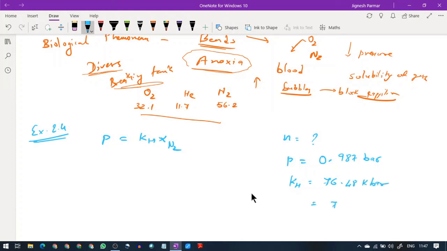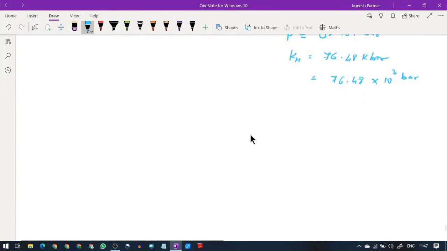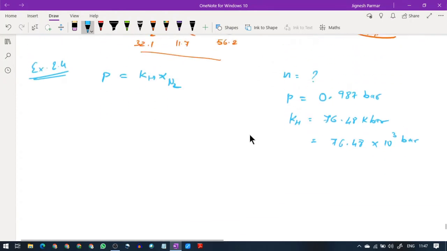So dear students, it should be only in bar. To remove kilo, I can write it multiplied by 10 raised to 3 bar. Understand? Now let us substitute the values and find the mole fraction. According to this, the formula can be modified this way.